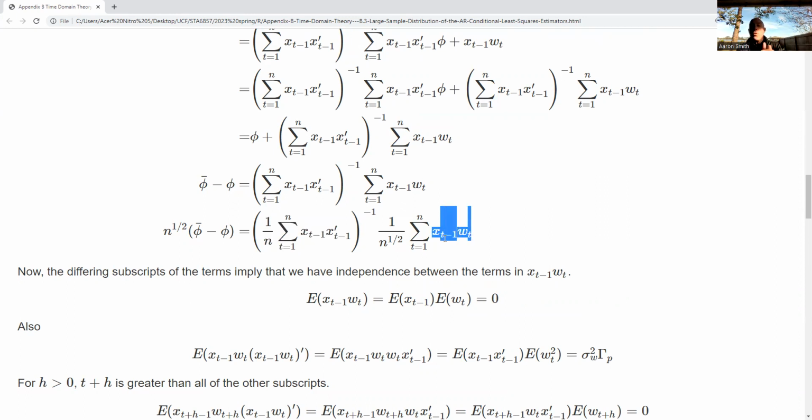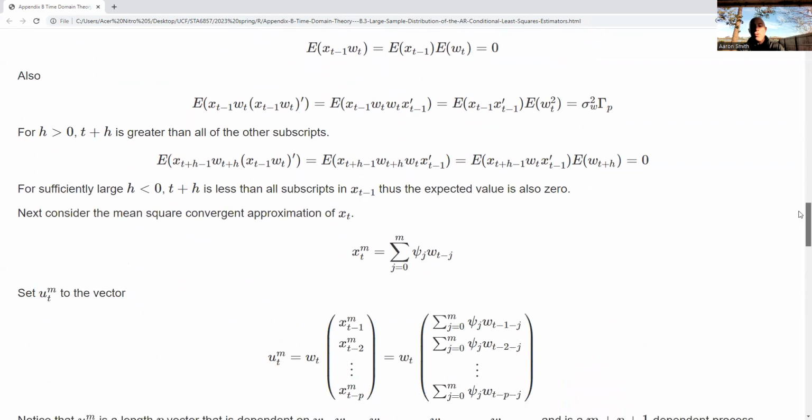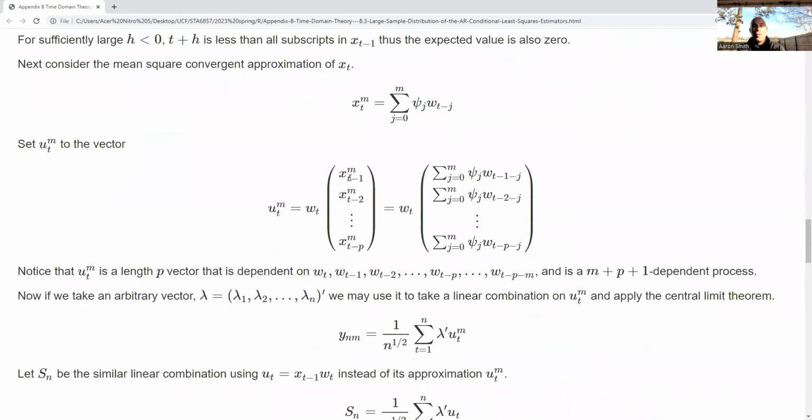I have a bunch of previous observations in there, so I'm going to take approximations of them using m data points of the white noise terms. Now I replace this with the summation here and slap it straight into the vector. And so then we get all of these.